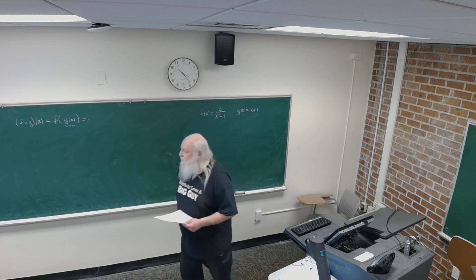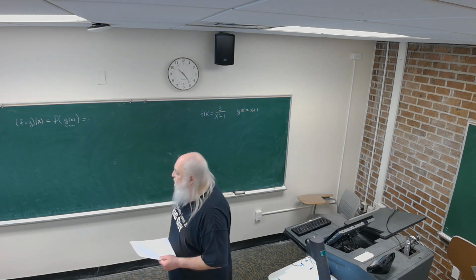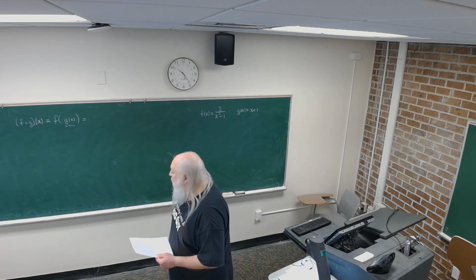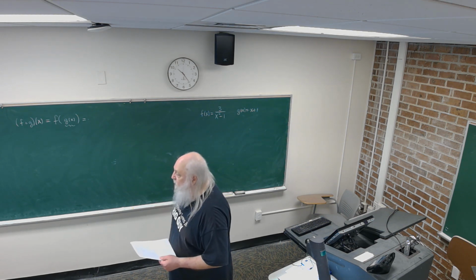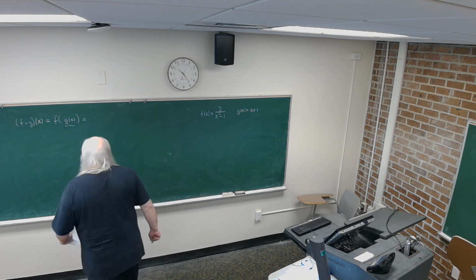All right, so we have f of x equals 3 over x squared minus 1, and g of x equals x plus 1. So we got to find the composition of f with g as a function of x, and then state the domain in interval notation. Okay. So g of x is x plus 1.